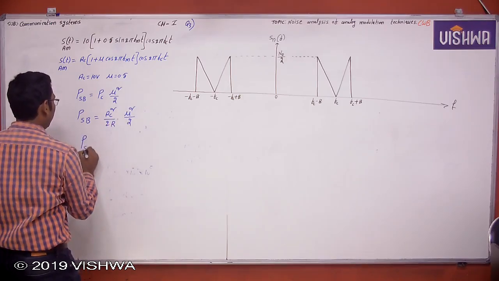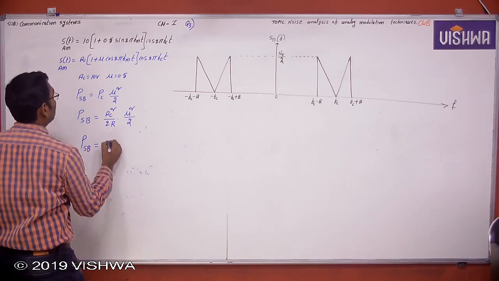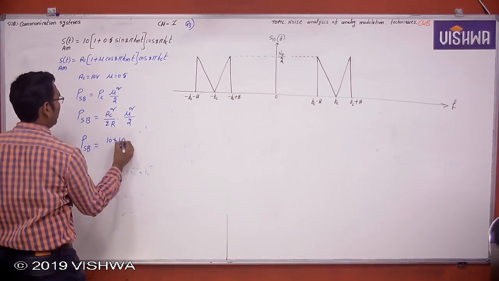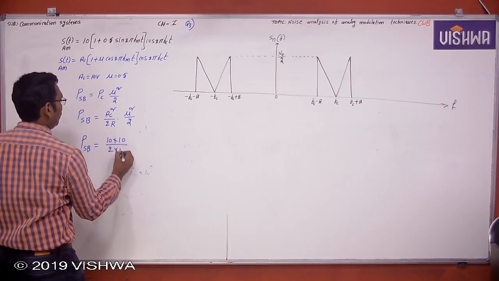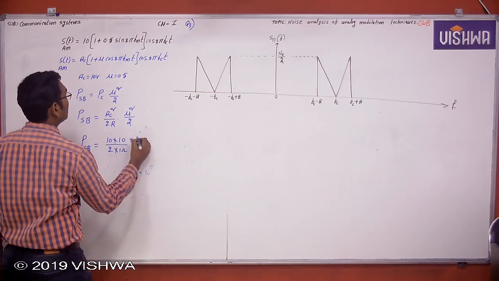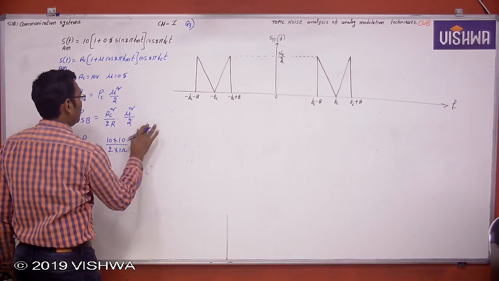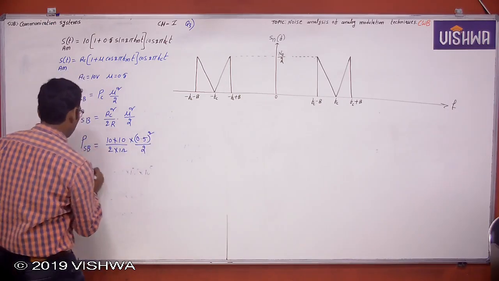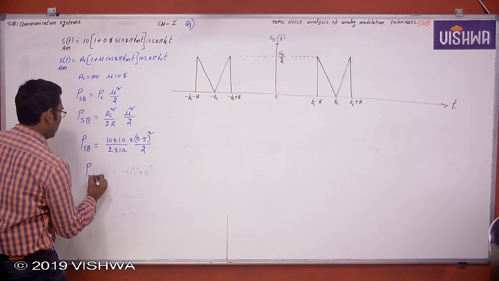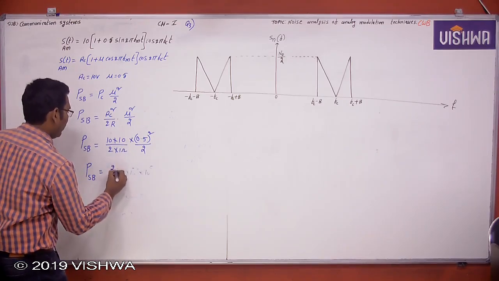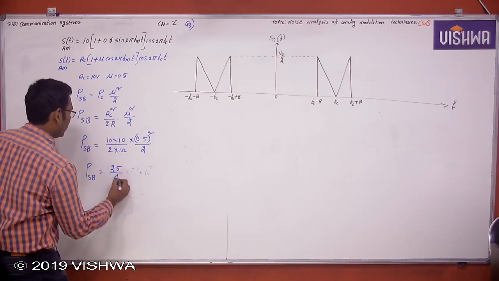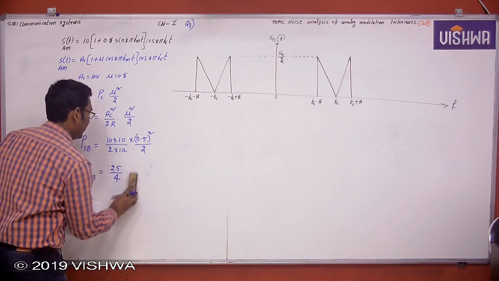That is 10 into 10 by 2 into 1 ohm, into 0.5 whole square by 2, which is equal to 25 by 4. This is the sideband power.